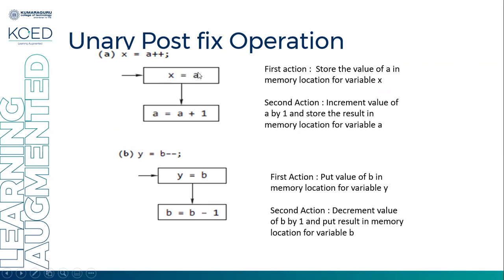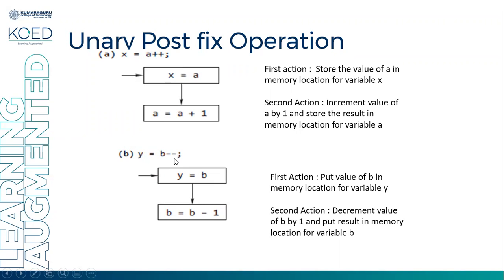So a's actual value is stored in the memory location of the variable x. After that, a's value will get incremented by 1, because we are using an increment. This is known as a postfix operation, and a equal to a plus 1, the increased value, will get stored in the memory location of a.